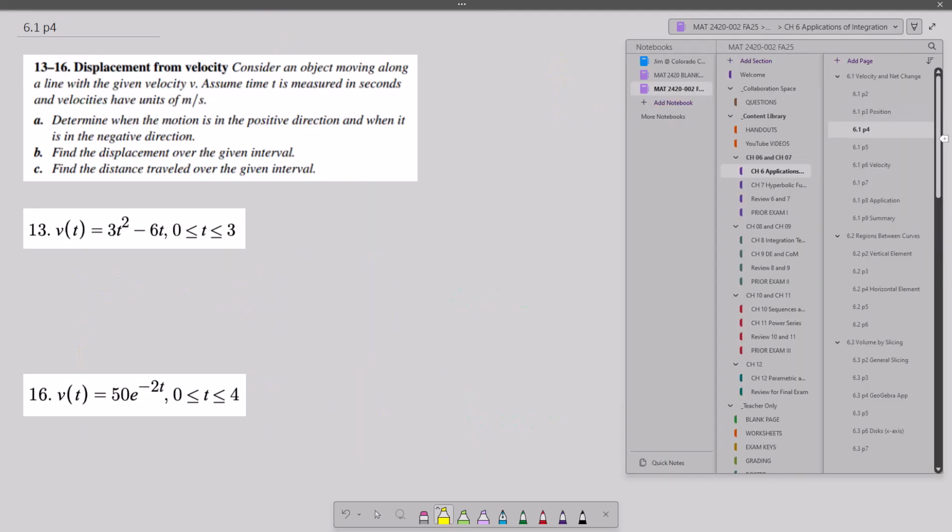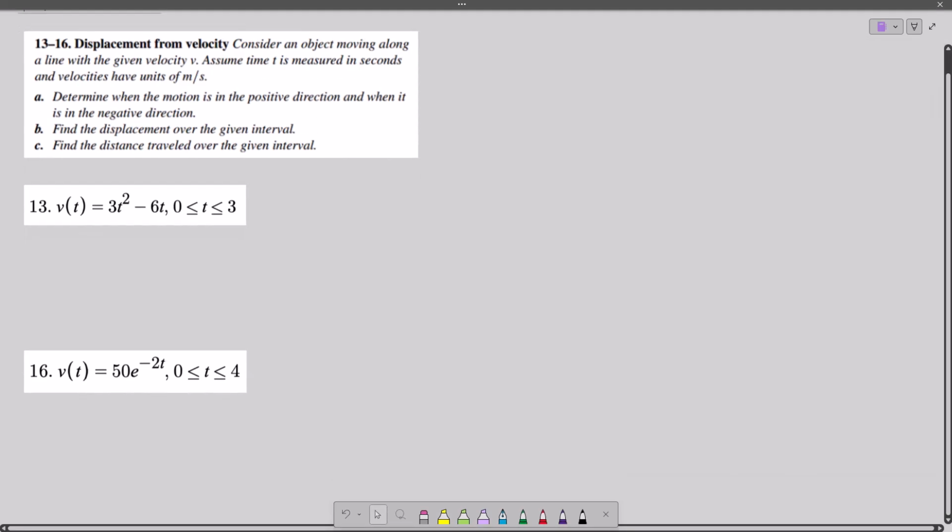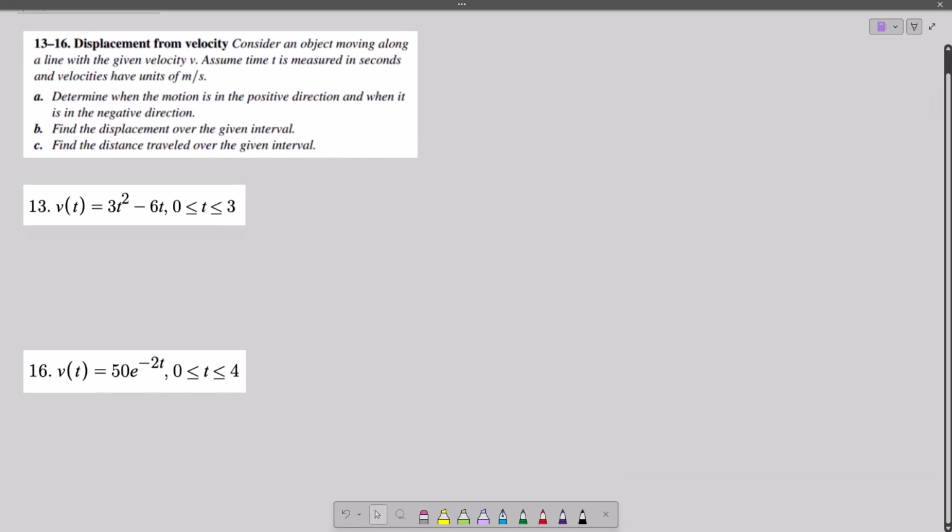Okay, let's try to do this. So find some displacement from a given velocity function. So here we have a velocity function, and the question says, determine when the motion is positive, when the motion is negative, find the displacement, find the distance.